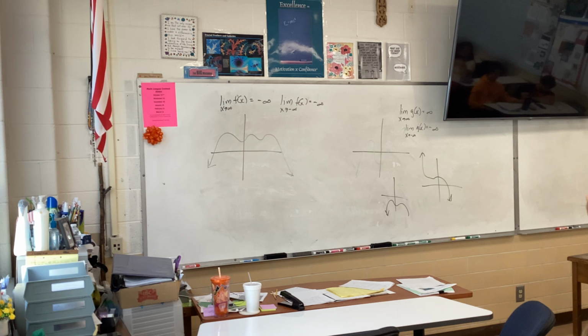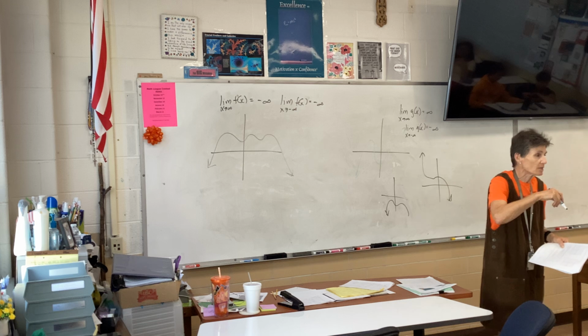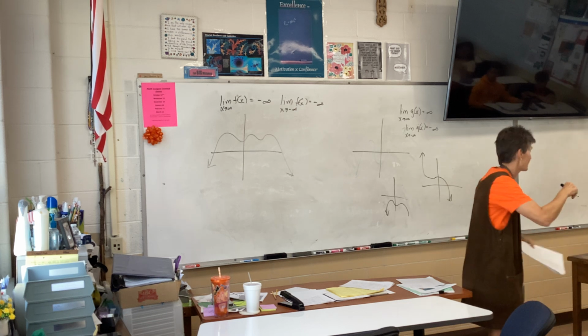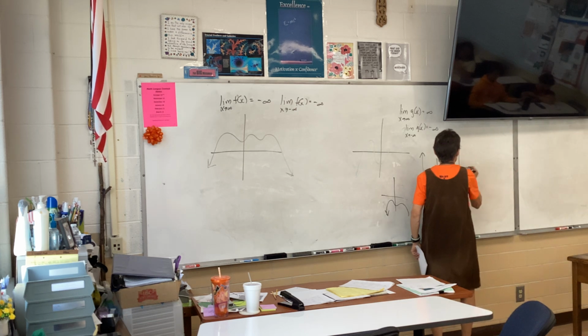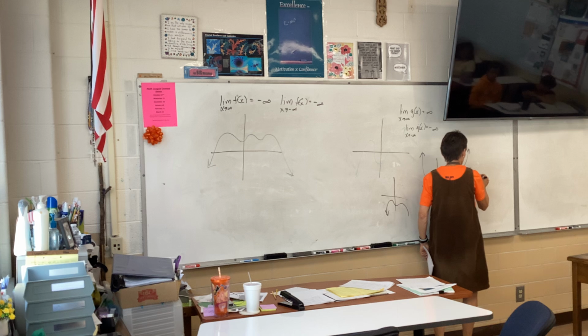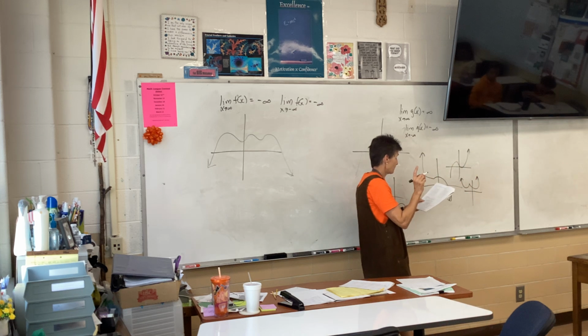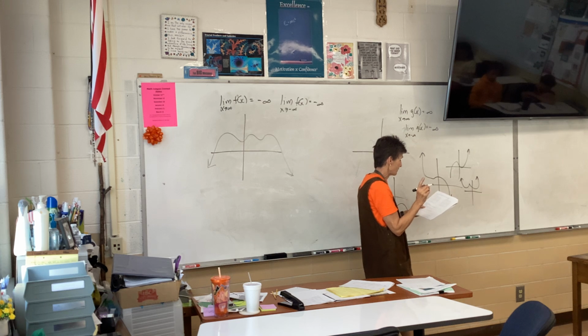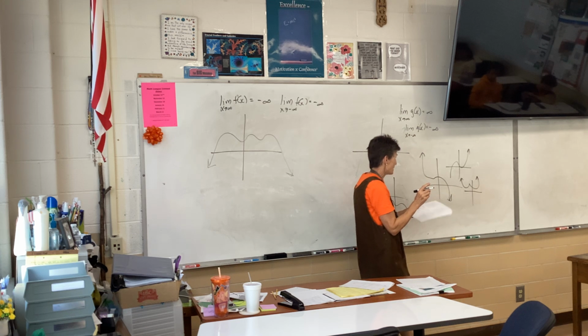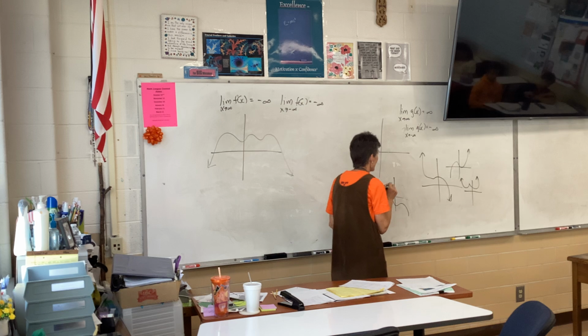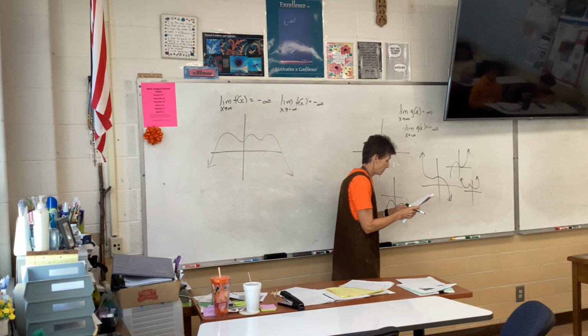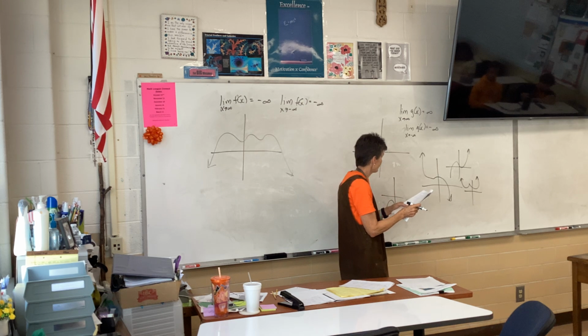The right side is always going to go up if the leading coefficient is positive. Because if it's an odd degree, it goes up. If it's an even degree, it also goes up. If the leading coefficient is negative, what's the right side going to do?